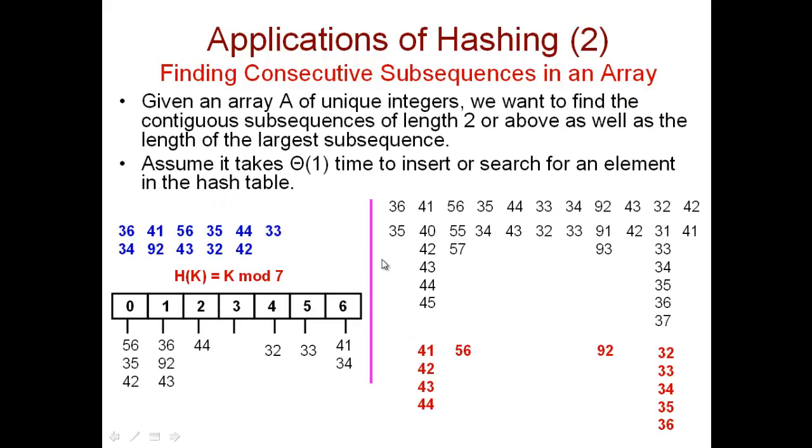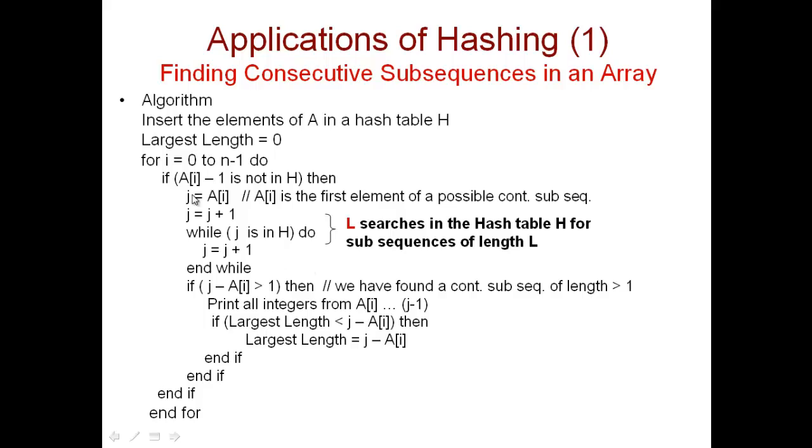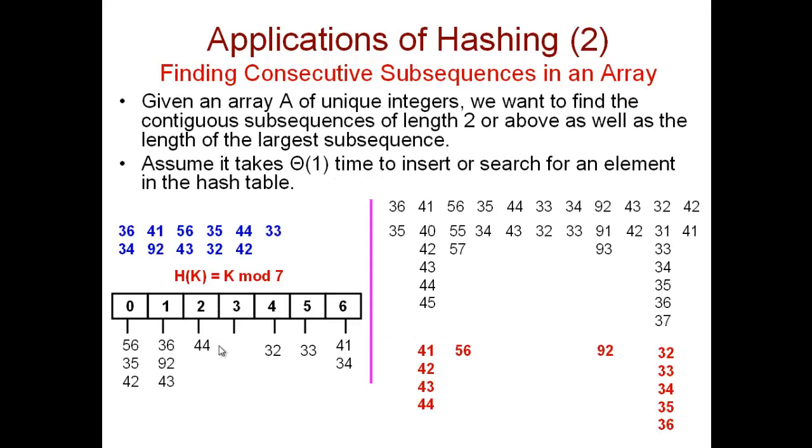Check if 40 is in the hash table. And how do we do that? Find the remainder, and 40 mod 7 is 5. Index into cell 5 and search for 40 in that list, and it's not there. So since a of i minus 1 is not in the hash table, we will do the following things inside the loop. Since 40 is not in the hash table, 41 is the starting element of some subsequence.